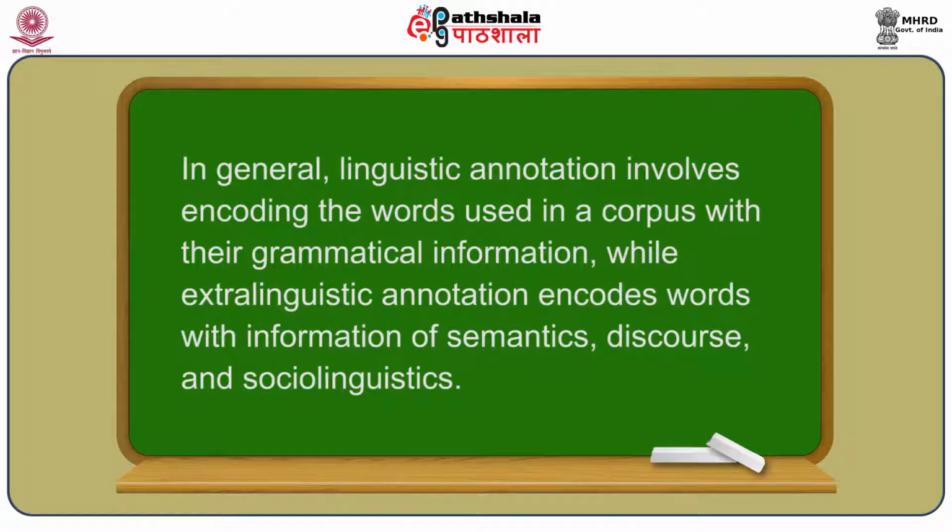So, what we have decided here is that we'll try to highlight the major types of annotations and some of their salient features, so that we can have a very rudimentary idea of what it is all about, how it is done, what purpose it serves, and what kind of information can be extracted from those annotations.